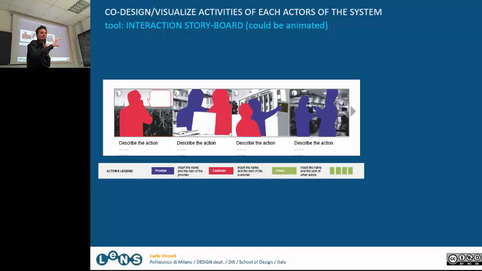A storyboard is a cut: you take some scenes of the interaction table and put them on one single row. There is the same representation, a short text, and you recognize the different actors by the colors. There are the providers and the customer, and then the other actors, to make it simpler. So we have just three colors, but maybe you can say, I don't feel confident with this, maybe it's better to have different systems.